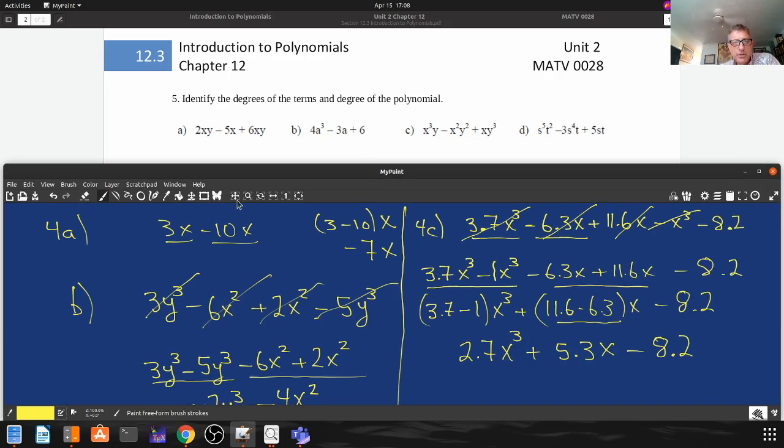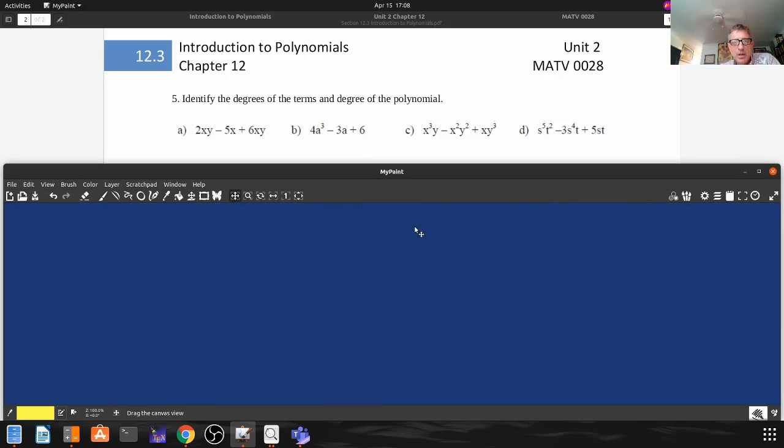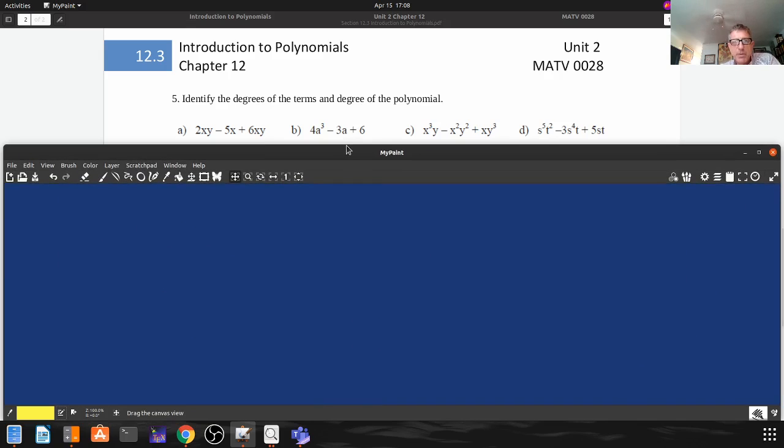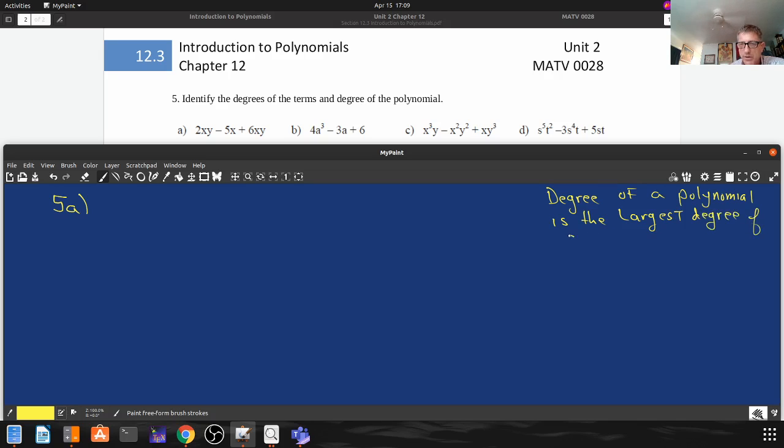So let's do something that I bet you can do really well. Let's identify the degree of each polynomial. So 5a, because we've done that. So remember, the degree of a polynomial is the largest degree of any of its terms.